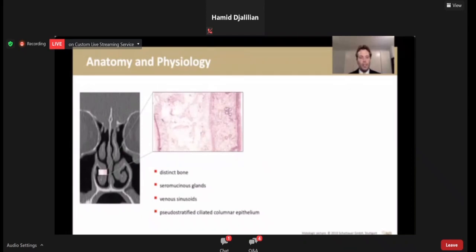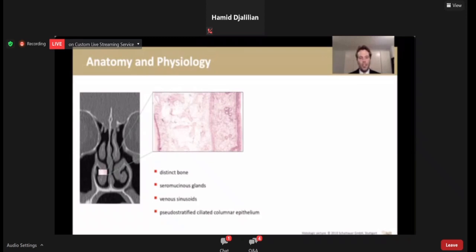So this is the main swelling body of the inferior turbinate. And this submucosal tissue is covered by pseudostratified ciliated columnar epithelium, and this has a coverage of mucus, and this mucus is transported to the nasopharynx, and this is called the mucociliary clearance.